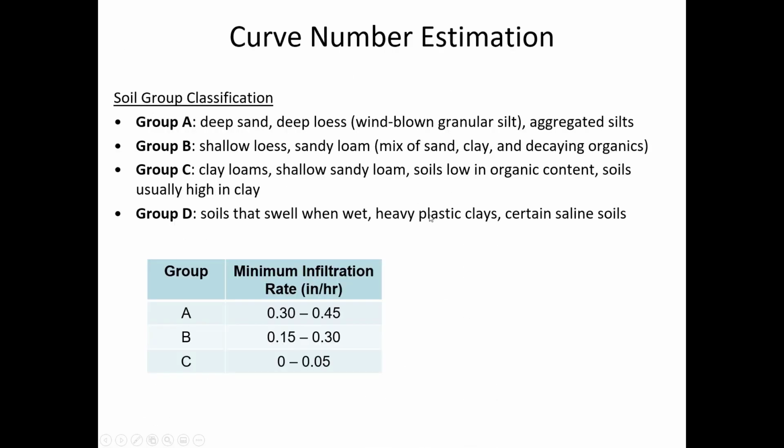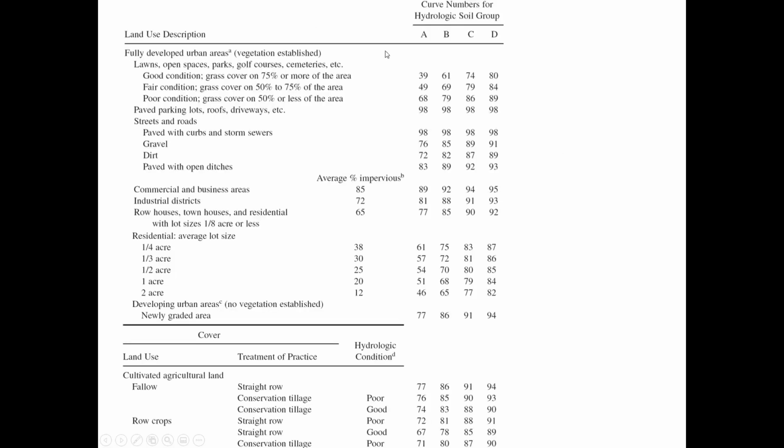And so the first thing is just to think about the type of soil that you've got. Once you know the type of soil, you look at how the land is being used, for what purpose, what sorts of things are growing there, what kind of industry there might be. This is a table that describes developed urban areas.